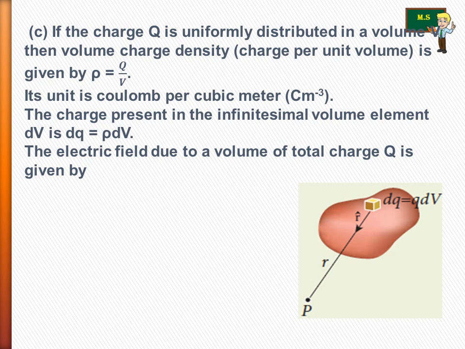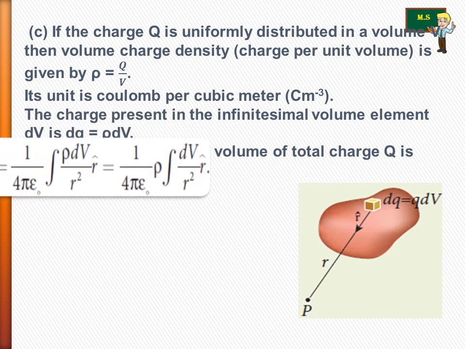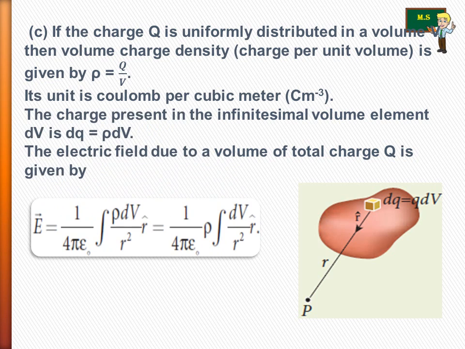The charge present in the infinitesimal volume element. We don't know the exact volume of the given picture, so we use dq is equal to rho into dV. The electric field due to a volume of total charge q is given by E vector is equal to 1 by 4 pi epsilon 0 integral rho dV divided by r square into r cap.